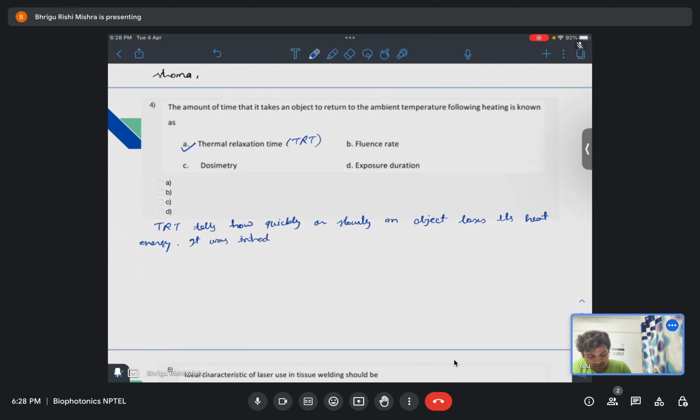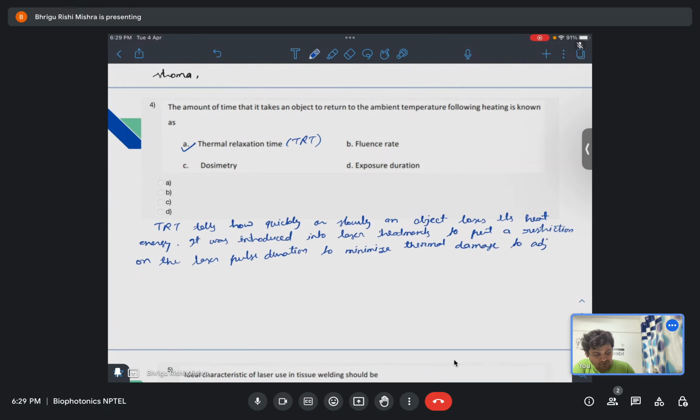It was introduced into laser treatments to put a restriction on the laser pulse duration to minimize thermal damage to adjacent tissues.